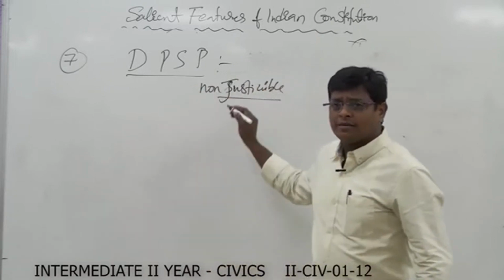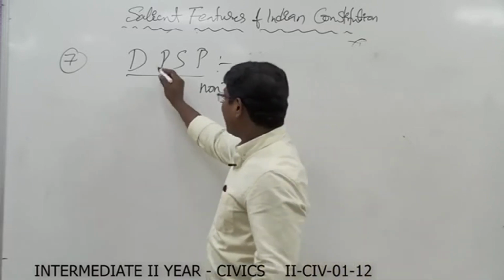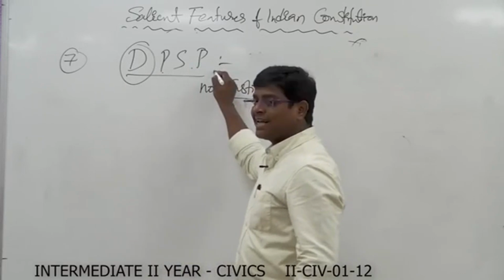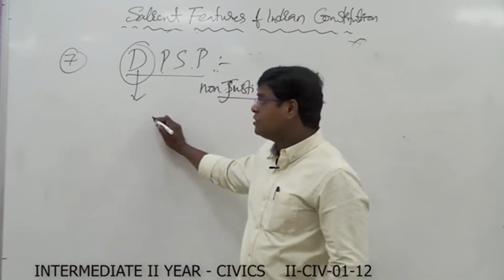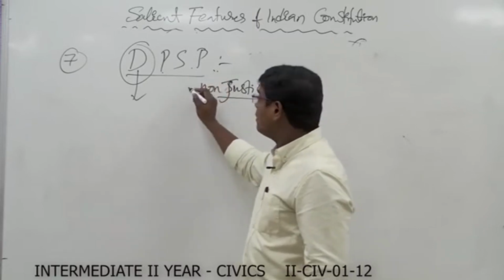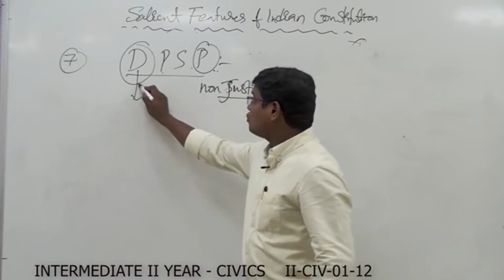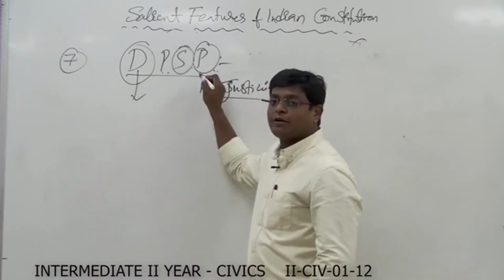They are also rights, but here they are directions. Listen, keep it in mind. Directive principles of state policy are the directions given by the Constitution to the state of India for making policies. To whom? The state. For what?